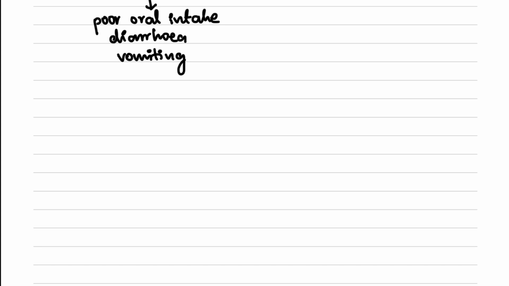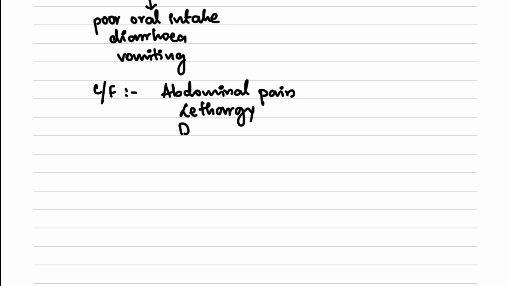And generally, the clinical features of patients suffering from ARF as well as hypovolemia are abdominal pain, then the patient can have lethargy, dizziness, leg cramps. The patient can have tachycardia from the resulting hypovolemia.